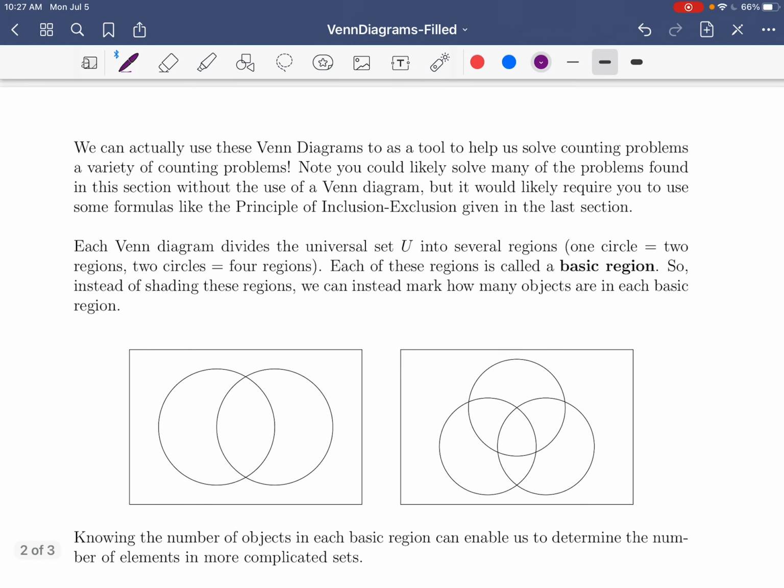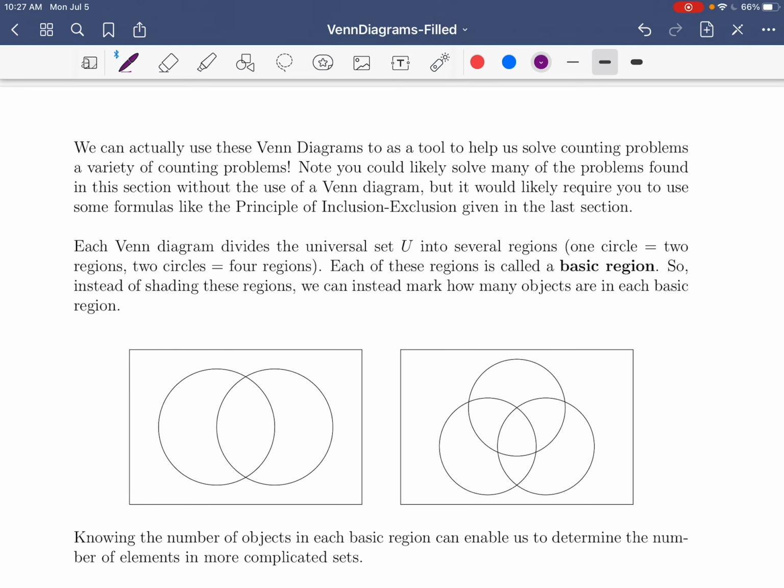Now, we can actually use these to help us solve counting problems as well. You could also solve these without using a Venn diagram, okay? But then you have to use some of the formulas and maybe some complex formulas that I haven't even given you, but that you could figure out.